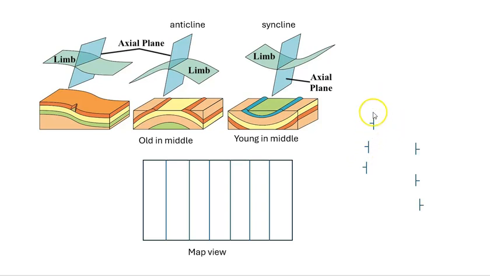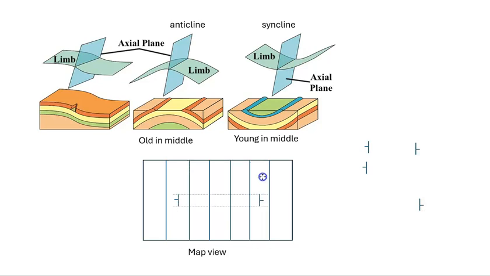This long line here is what's called the strike direction, and this little short line that is perpendicular points in the direction that the layers are tilted into the earth. So you want to look for this symbol. If on my map view here, I gave you symbols like this.